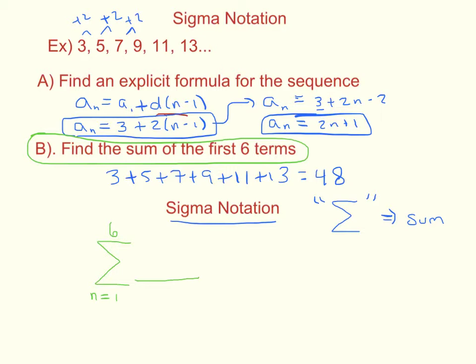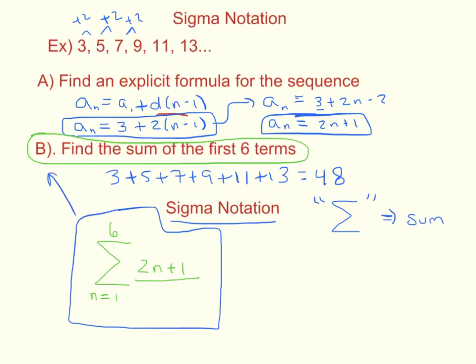In other words, what is the explicit formula for my arithmetic sequence? We found that it was 2n plus 1. So this here asks the exact same question as this. Find the sum of the first 6 terms is all captured in this notation here.